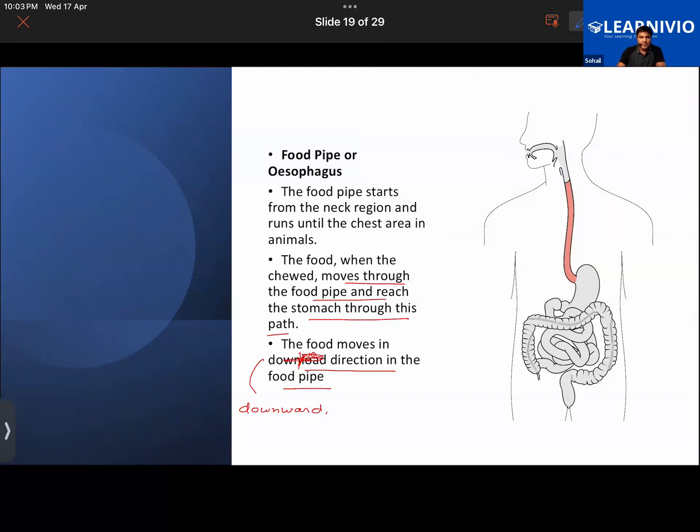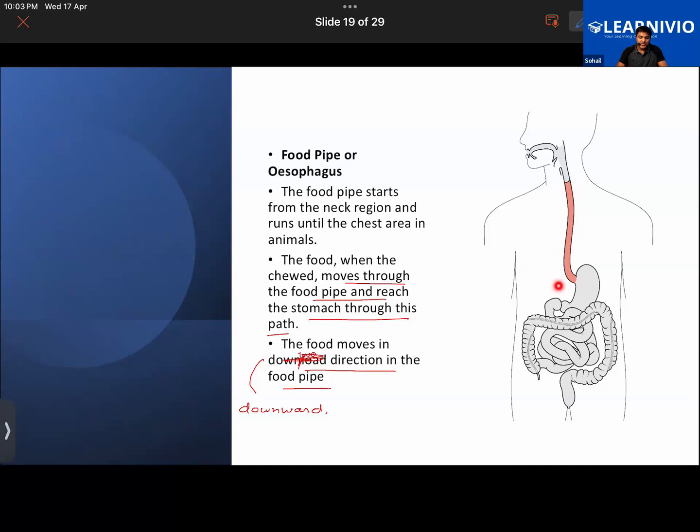Now, talking about the food pipe or the esophagus, you might wonder how the food goes through it. Does the food move on its own, or does some kind of movement help it move inside? Have you ever thought about this? How does food actually move inside it?